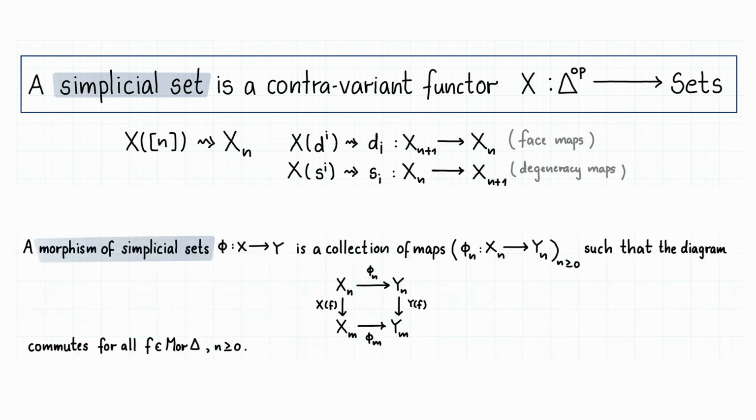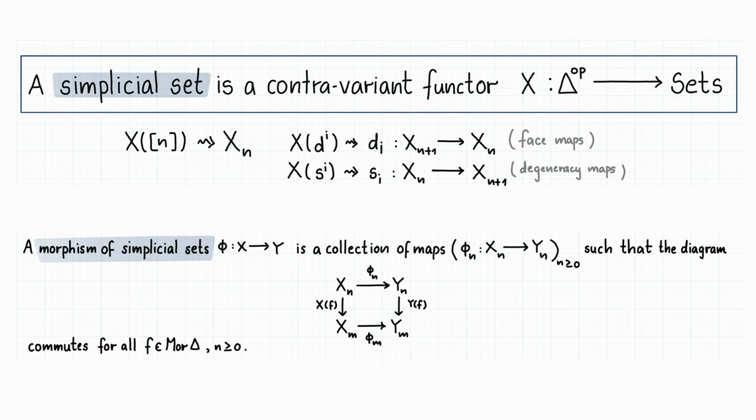Okay, so how do simplicial sets interact with each other? A morphism of simplicial sets is a collection of maps going from Xn to Yn. And again, we have extra structure on our Xn, so it just has to respect the extra structure. So the phi n's and phi m's should make this diagram commute for every f in the set of morphisms on the simplex category.